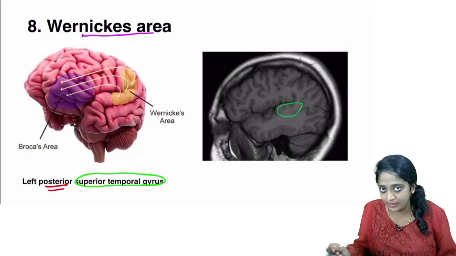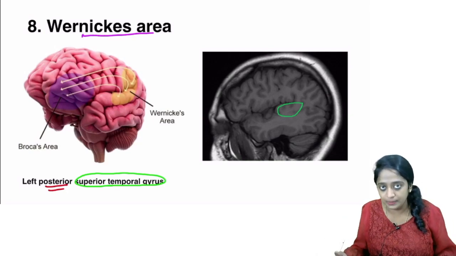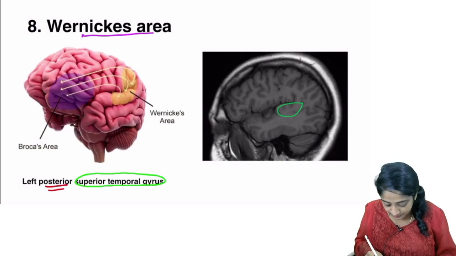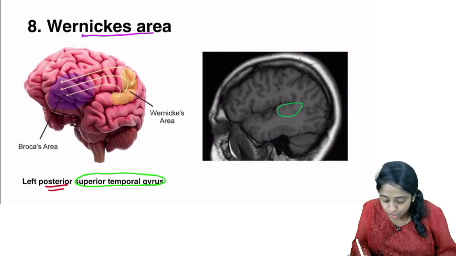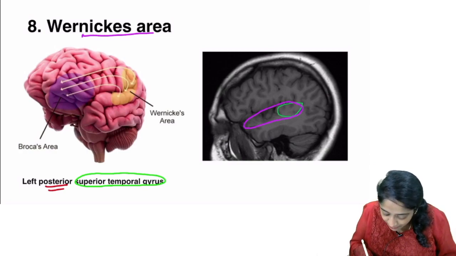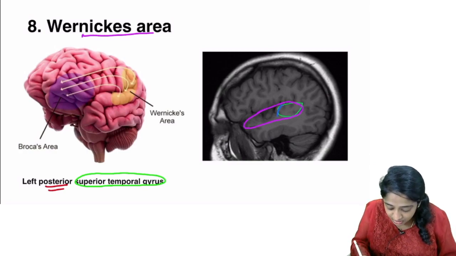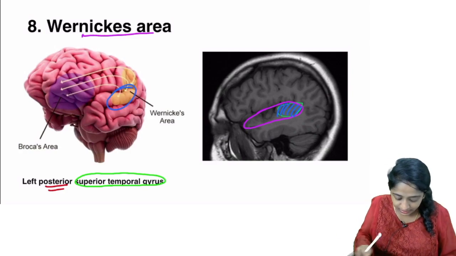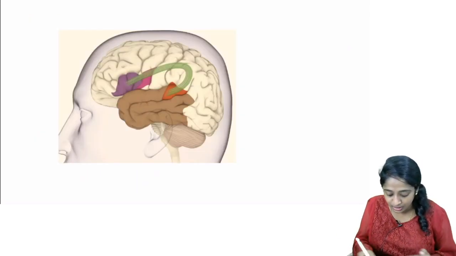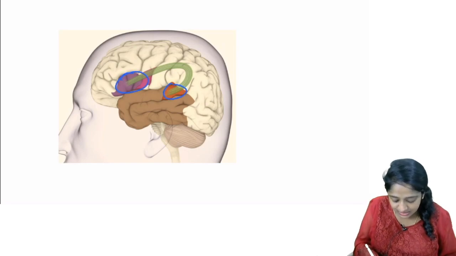Usually the left is the dominant. So how will you localize? First identify the temporal lobe, the superior temporal gyrus, and in the posterior most aspect you have got the Wernicke's area. You can see here the connection between the Broca's area and the sensory speech area.